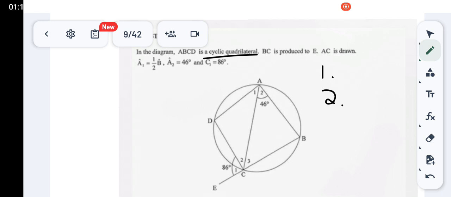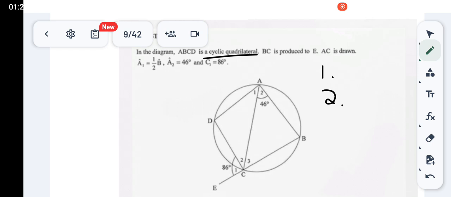Interior means inside. So we've got the angle that is outside of a cyclic quad, and we also have the interior angle. The exterior angle is going to be equal to the angle that is inside the cyclic quad. But please note that the angle that is outside is opposite to that interior angle. If that's the case, then those two angles are equal.